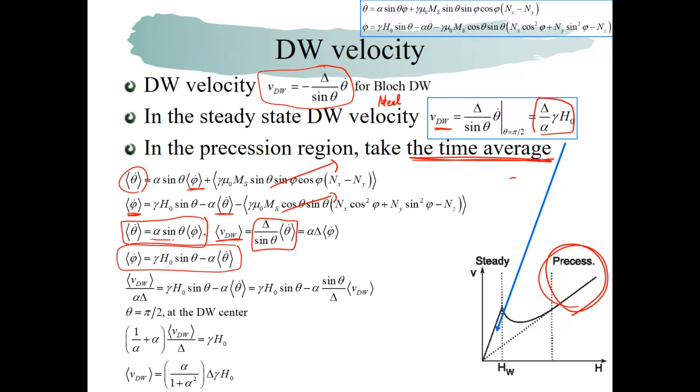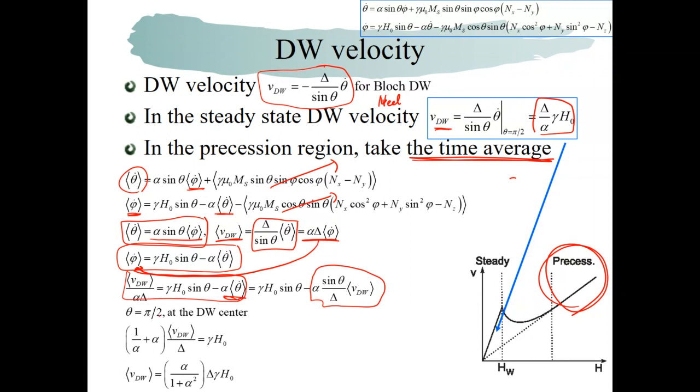And using this relation, theta dot is alpha sine theta phi dot, we can replace it with this relation. And we can insert it here: phi dot is the domain velocity divided by alpha delta. And here, theta dot, we can replace by the domain velocity again.